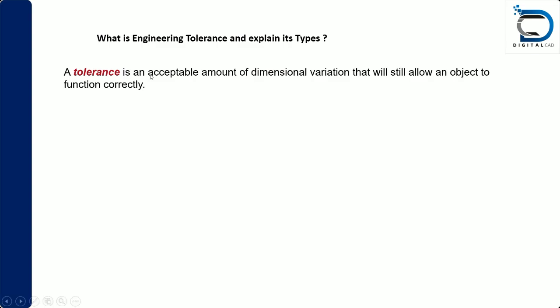That allowable variation, we call a tolerance. So this is the definition you have to explain first: what is the tolerance? The tolerance is an acceptable amount of dimensional variation that will still allow an object to function correctly.